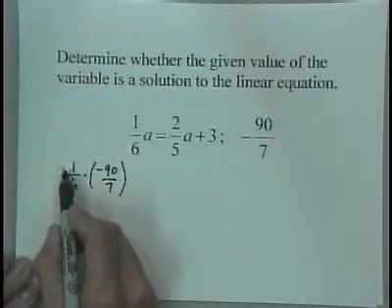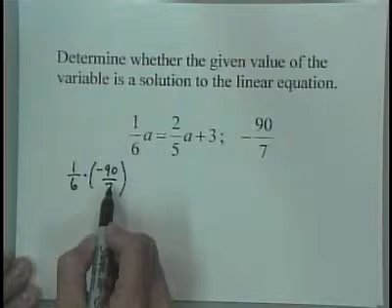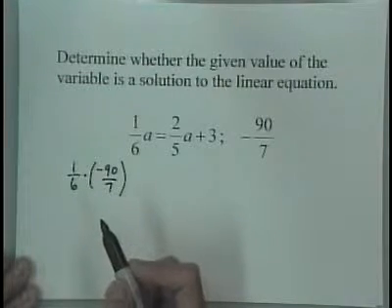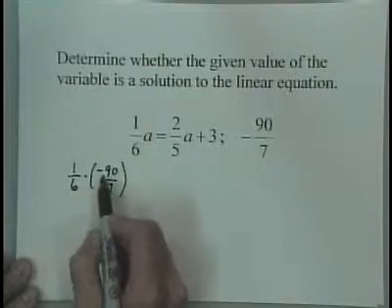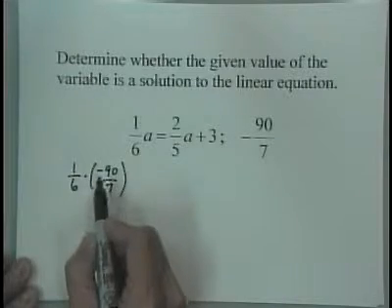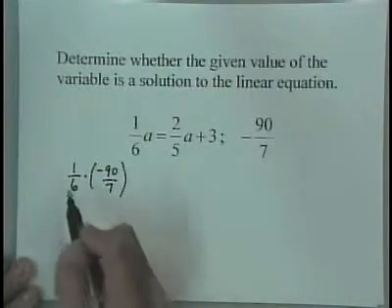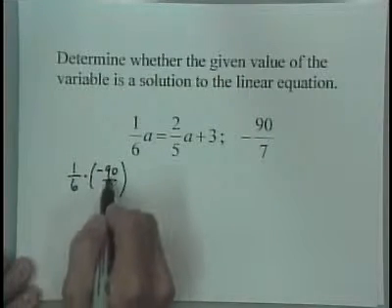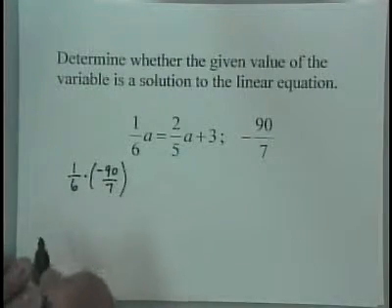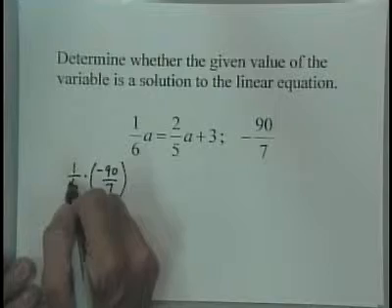In order to multiply, I need to multiply numerators and denominators unless I see a factor that simplifies. I see that 6 and 90, or -90, have at least a common factor of 3. Actually, 6 and 90 have a common factor of 6.